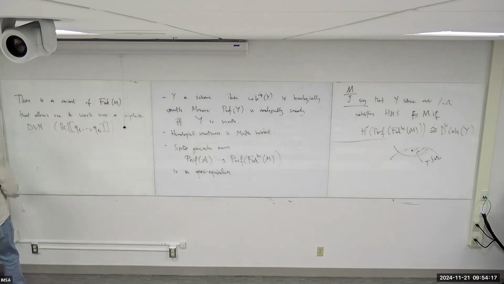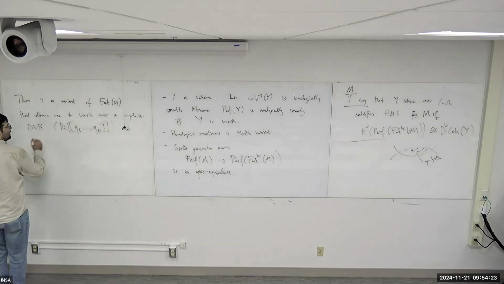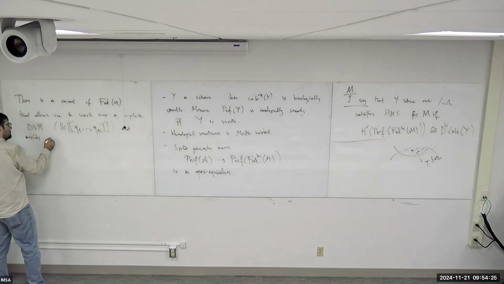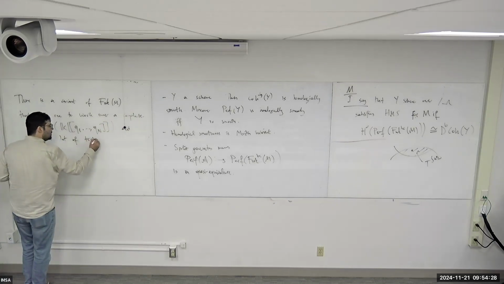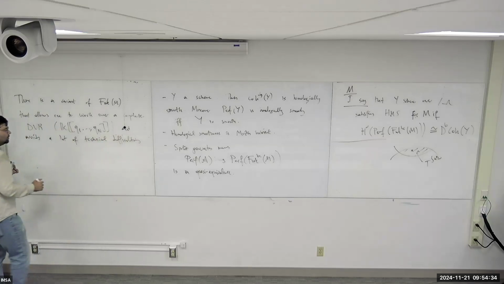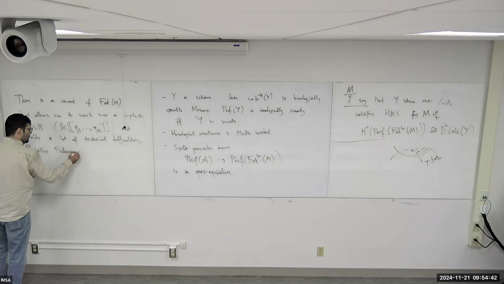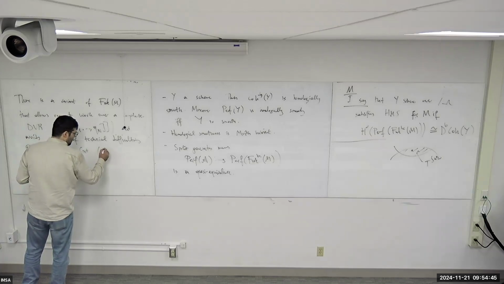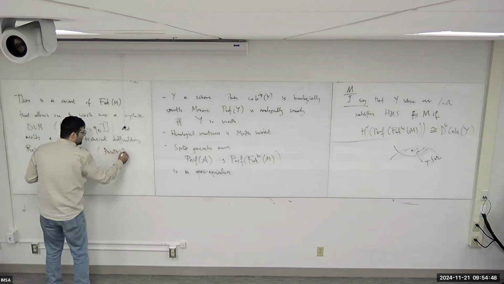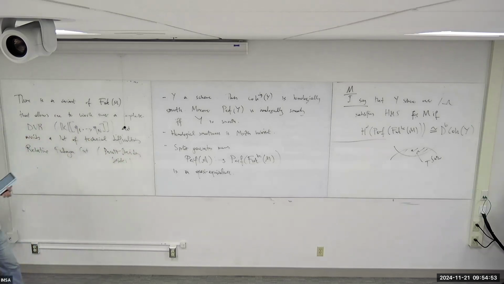This guy is algebraically better, but also avoids a lot of technical difficulties. So this is the relative Fukaya category, the category of Perutz and Sheridan, but the ideas were mostly due to Seidel, I think.